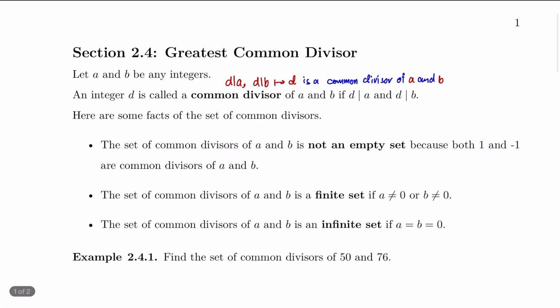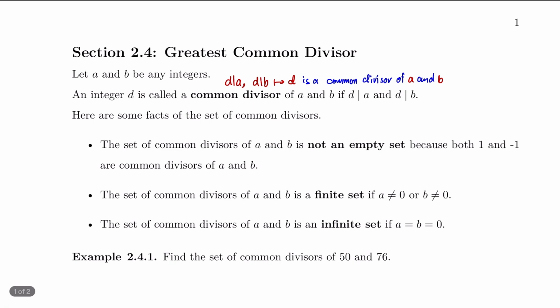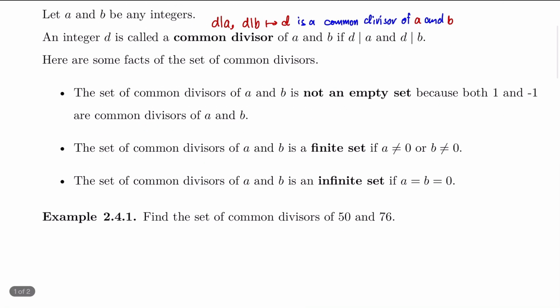Okay? And we have some facts about common divisors. Take a look at these three facts. Number one, the set of common divisors of a and b will never be an empty set. Why?